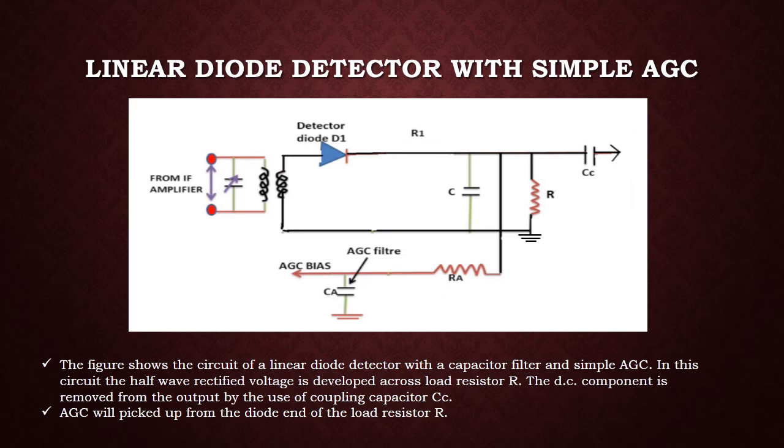But since this voltage consists of modulating frequency component as well, therefore an AGC filter consisting of a series resistor RA and shunt capacitor CA is used to remove the modulating or baseband frequency component, thus leaving only a positive DC voltage.